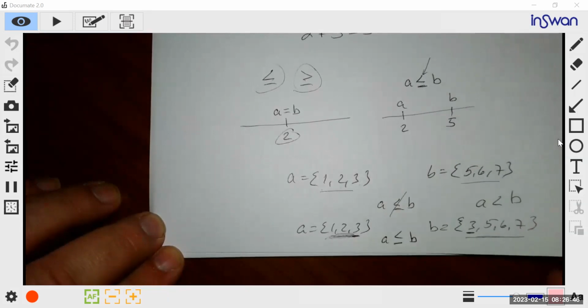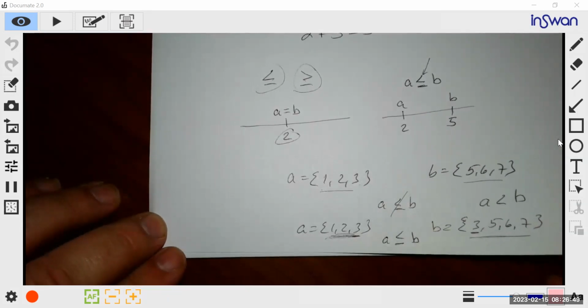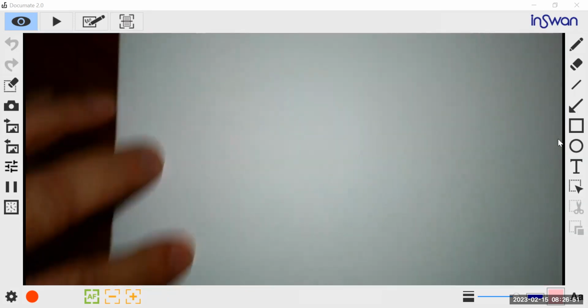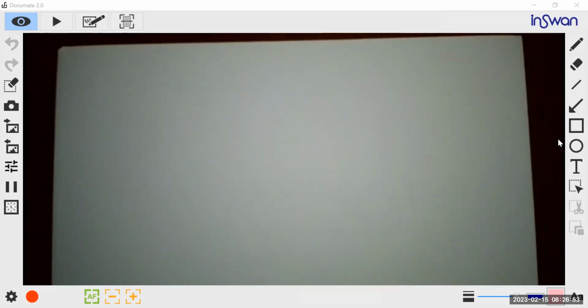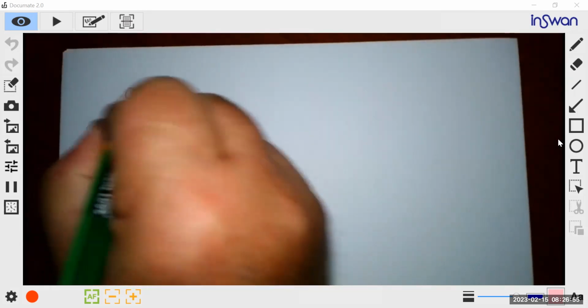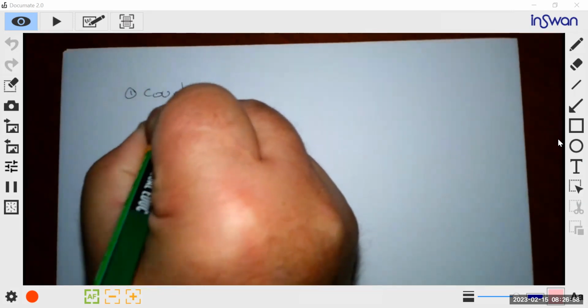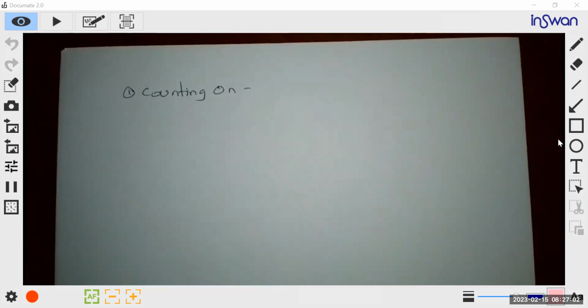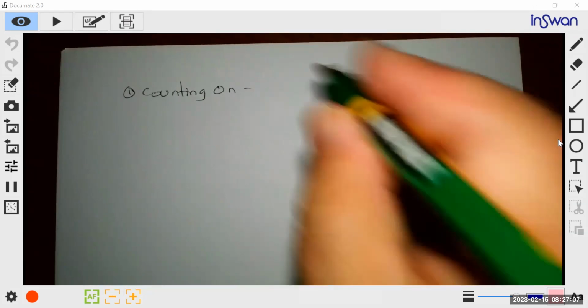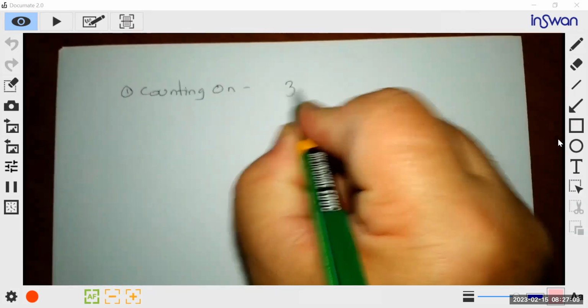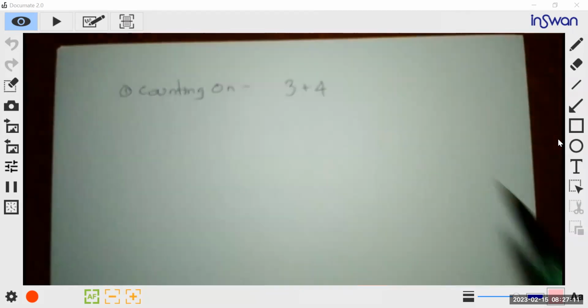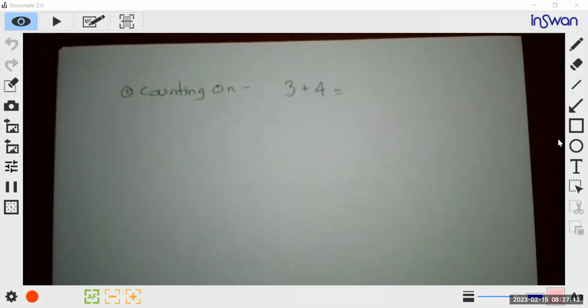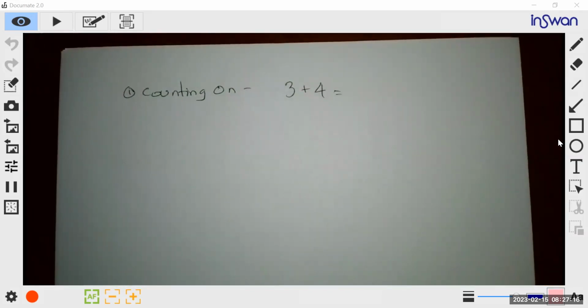All right, so let's look at some ways we can show all this stuff. First method is counting on. This is how we first teach kids how to add. When we teach them to add 3 plus 4, what's the first thing they do?